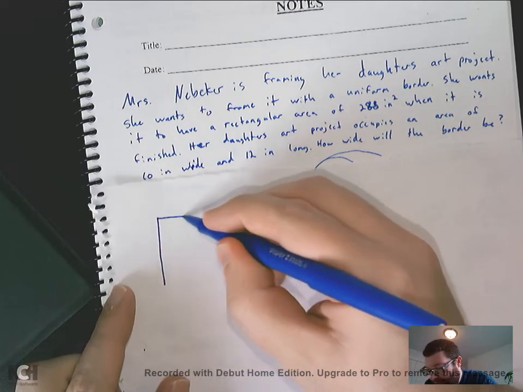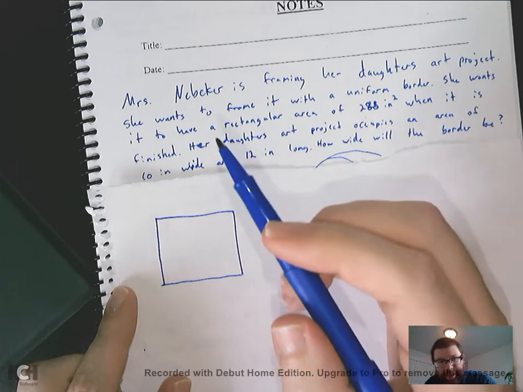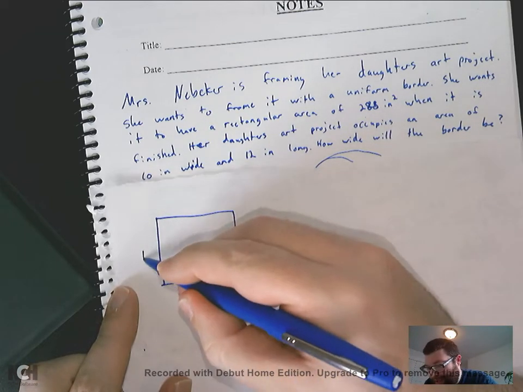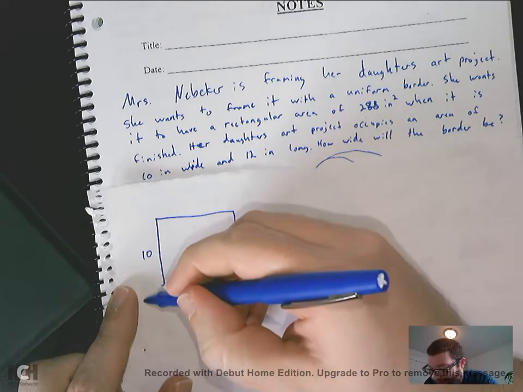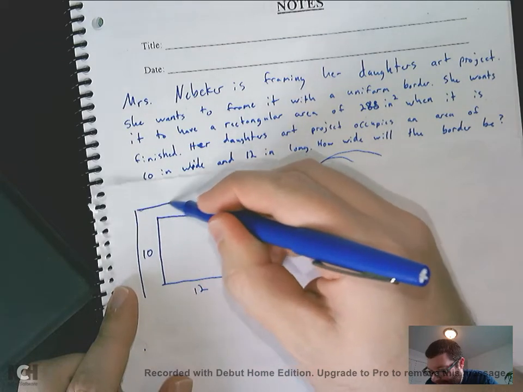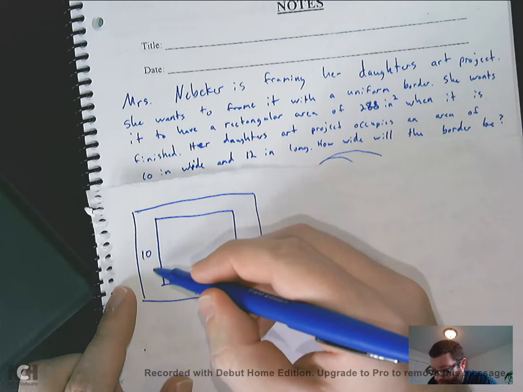So we're just going to start off. We have the art project right here. And that's more of a square than a rectangle, but it's 10 inches wide, 12 inches long. Use your imagination. Okay, then we're going to add a border that is uniform in length, meaning it's the same length wide.